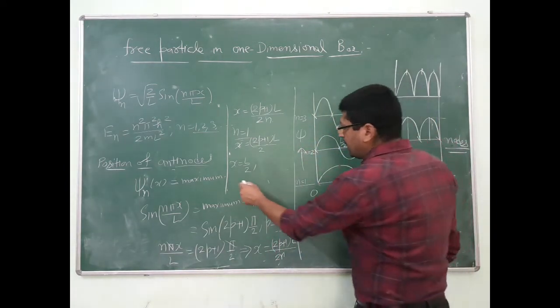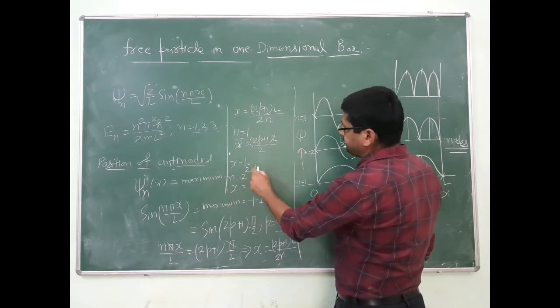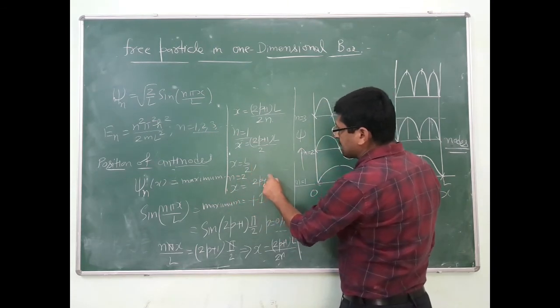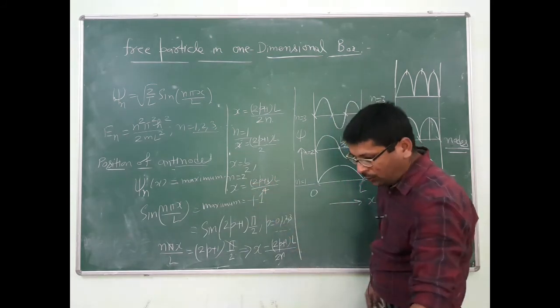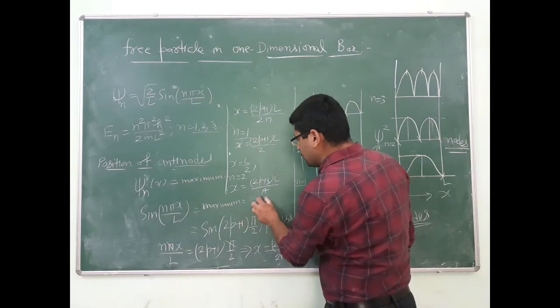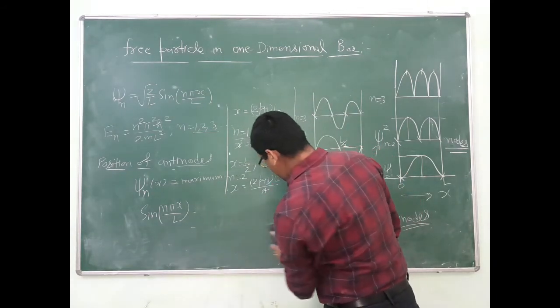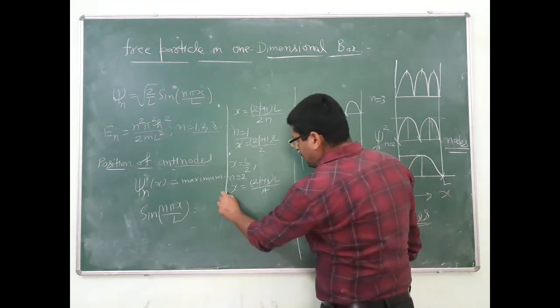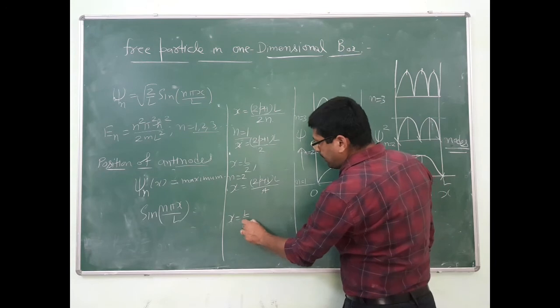Similarly, for n is equal to 2, this x will become (2p plus 1) L by 4. Now substitute the value of p one by one. When p is 0, this will be L by 4.